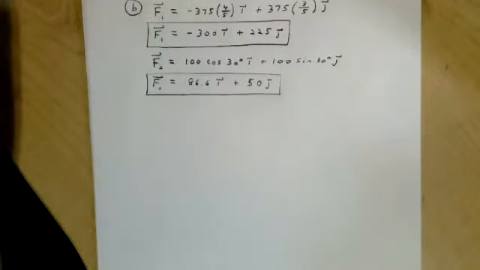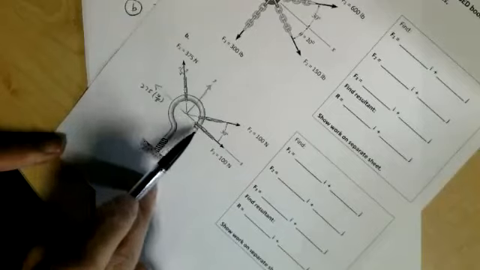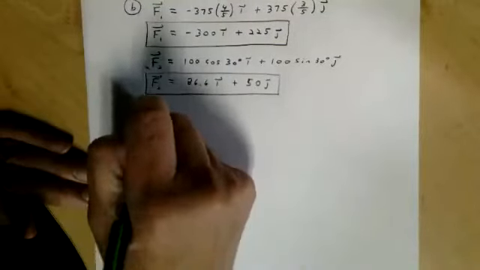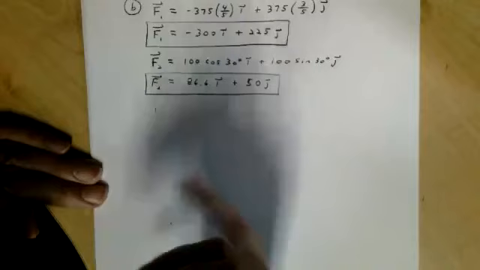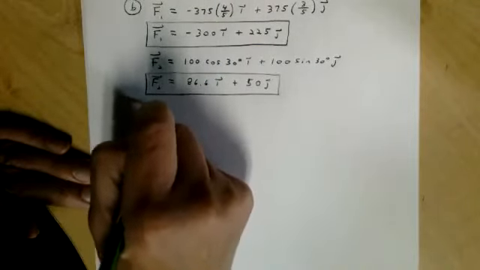Then finally, for the last one, F3, you can see it's going straight along the x-axis. So that means all the force is going to be in the x direction, and it's the positive x direction.